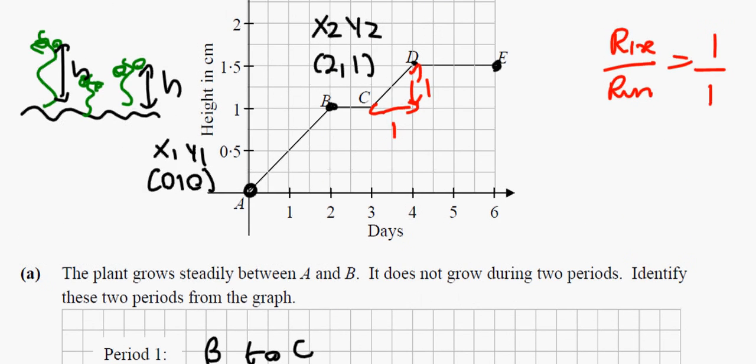To do the slope formula for this equation, we could say that C is 3, 1.